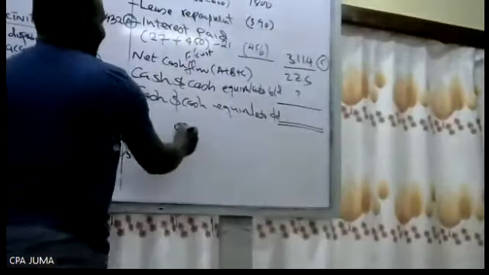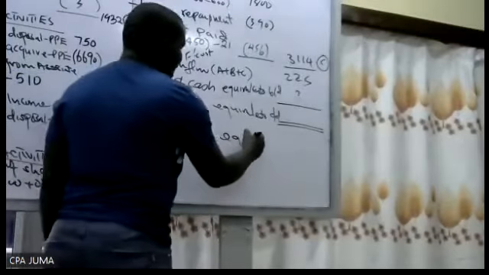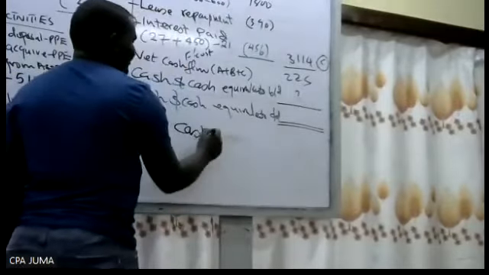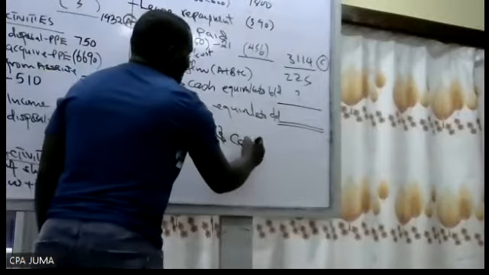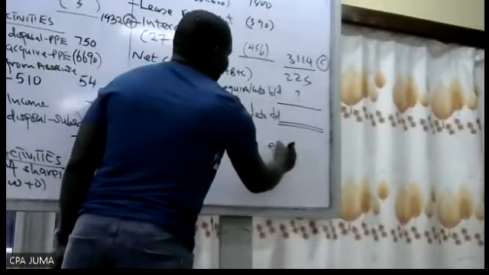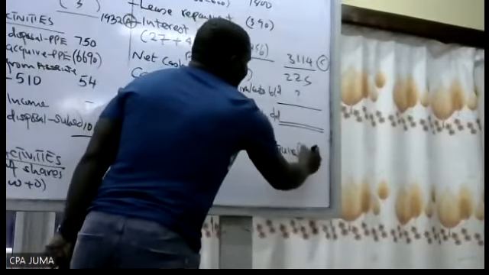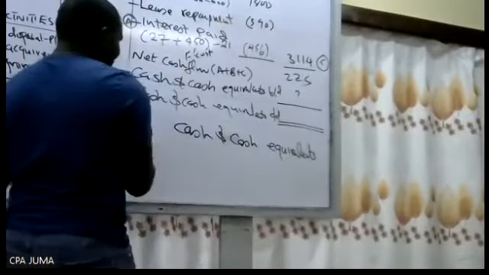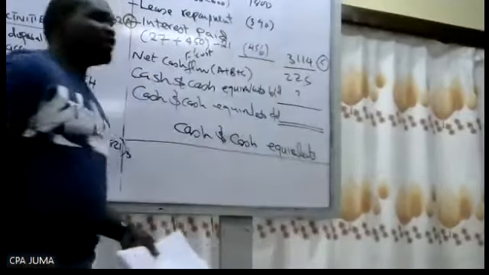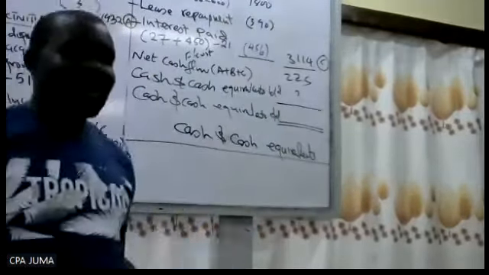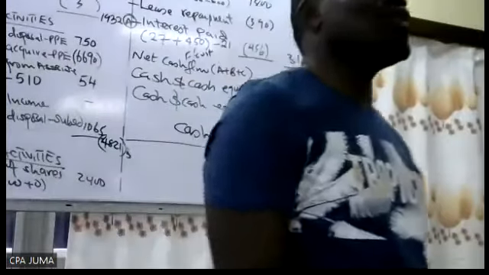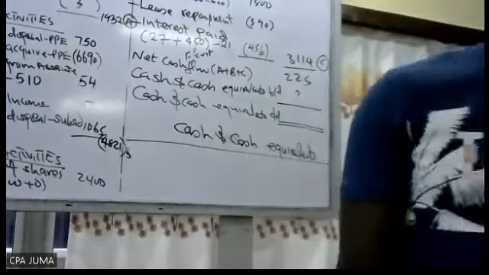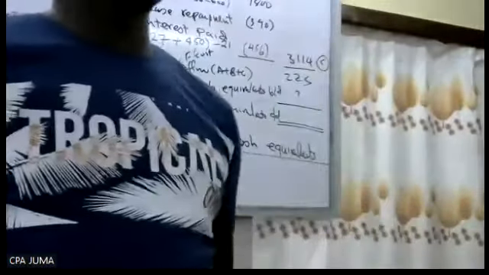Right for me here, cash and cash equivalent. People should know each other. Cash and cash equivalent. Yeah, you know it is very important because some things are not good. A teacher was telling us a story, he boarded a matatu. The fare was 80. Then on the way the fare went to 100, and he started to complain. He heard from behind, teacher, relax, I will pay for you.